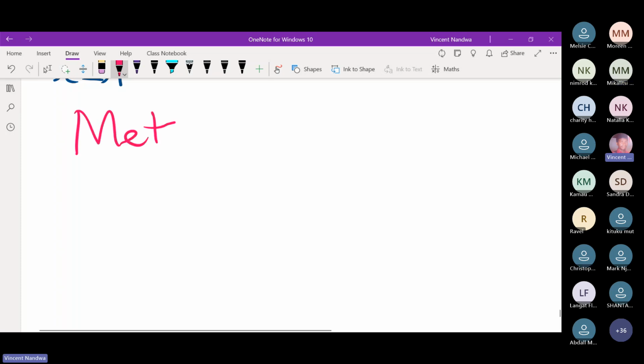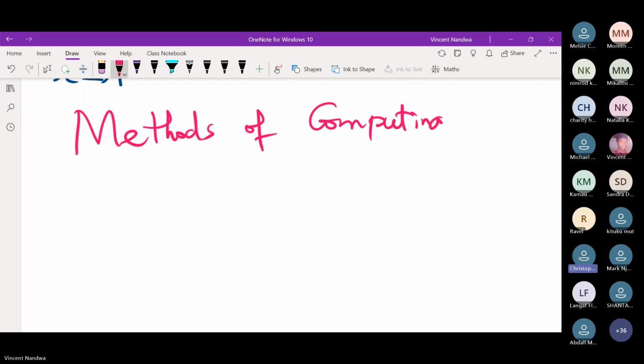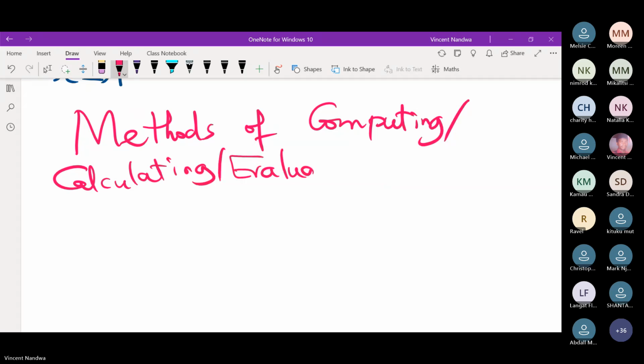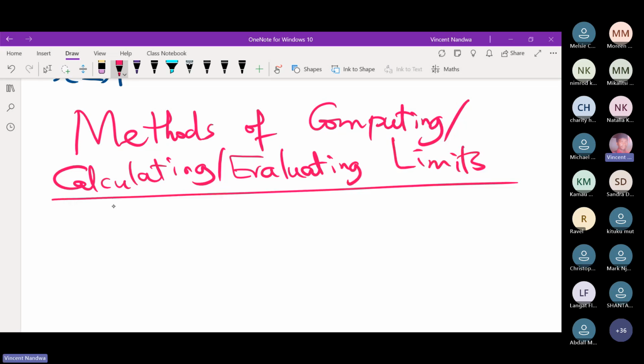So methods of finding or computing or calculating or evaluating limits. The first method is called direct substitution.